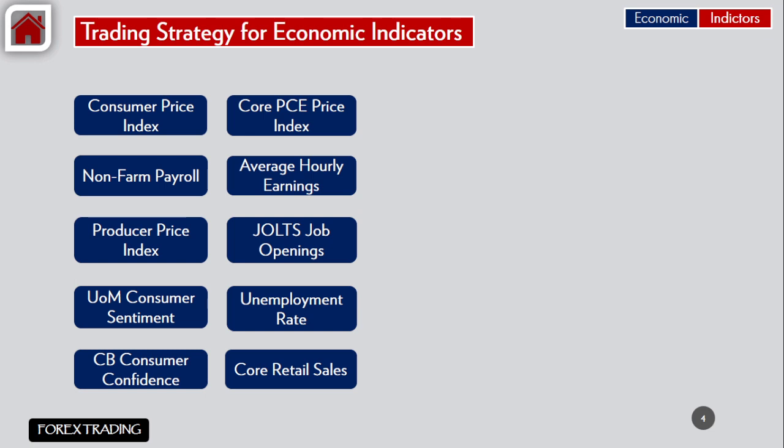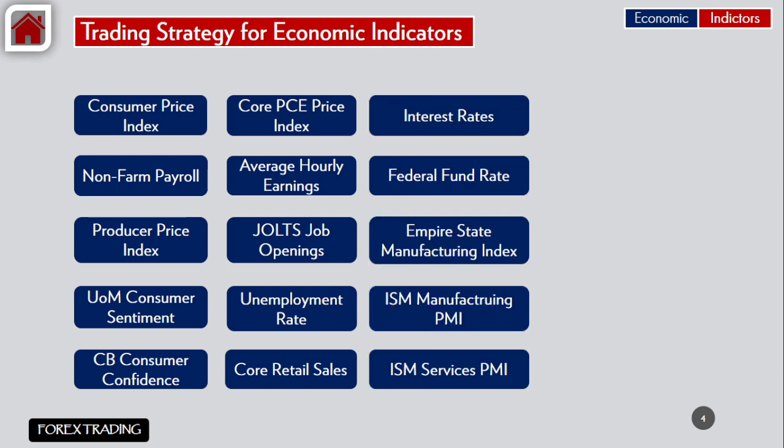And then core PCE price index, PCE is personal consumption expenditure, how much money an individual spends each month. And then we have average hourly earnings, how much people earn. Then we have job openings, how many jobs are there in the market, unemployment rate, core retail sales.